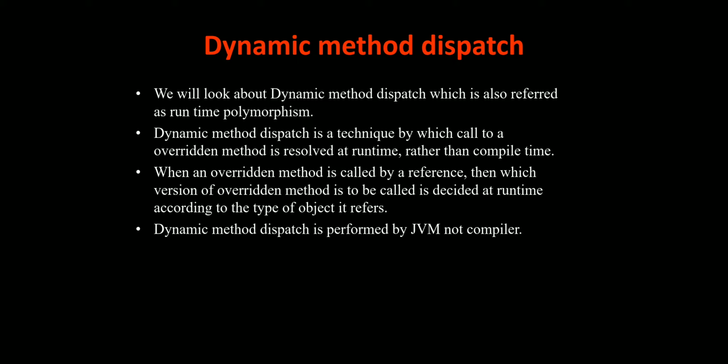Dynamic method dispatch is performed by the JVM, not by the compiler. JVM stands for Java Virtual Machine. It is not performed by the compiler. It is nothing but runtime polymorphism.